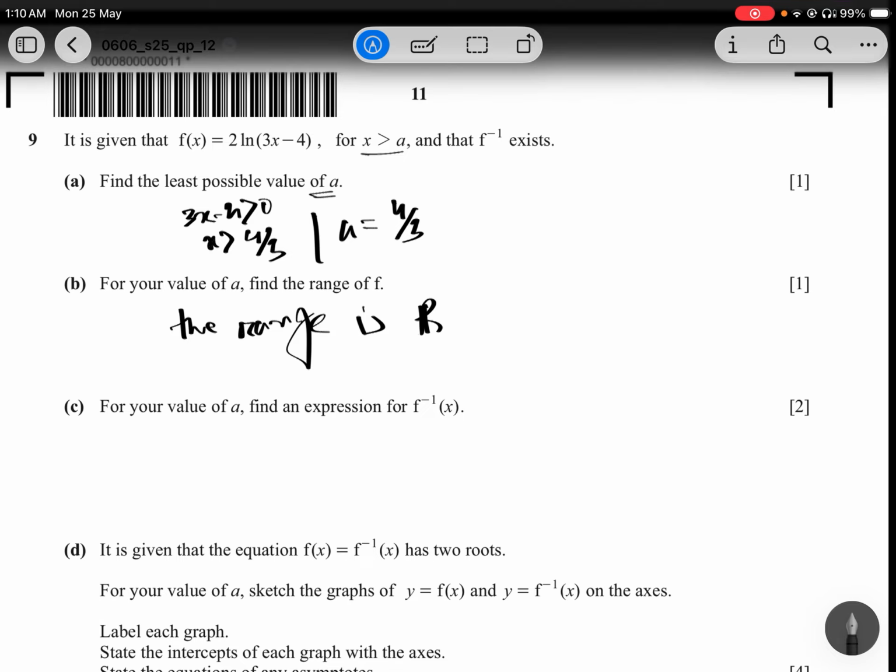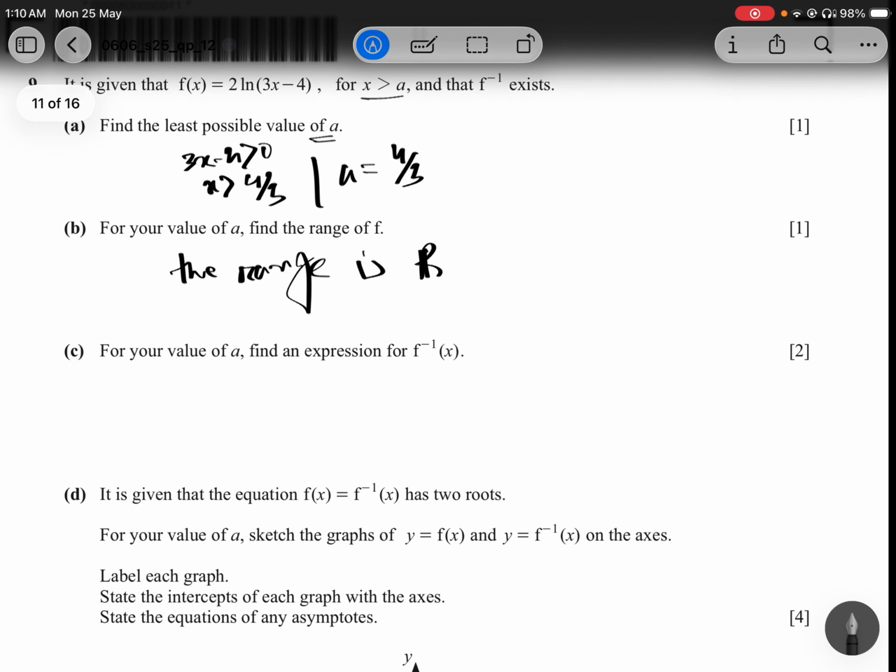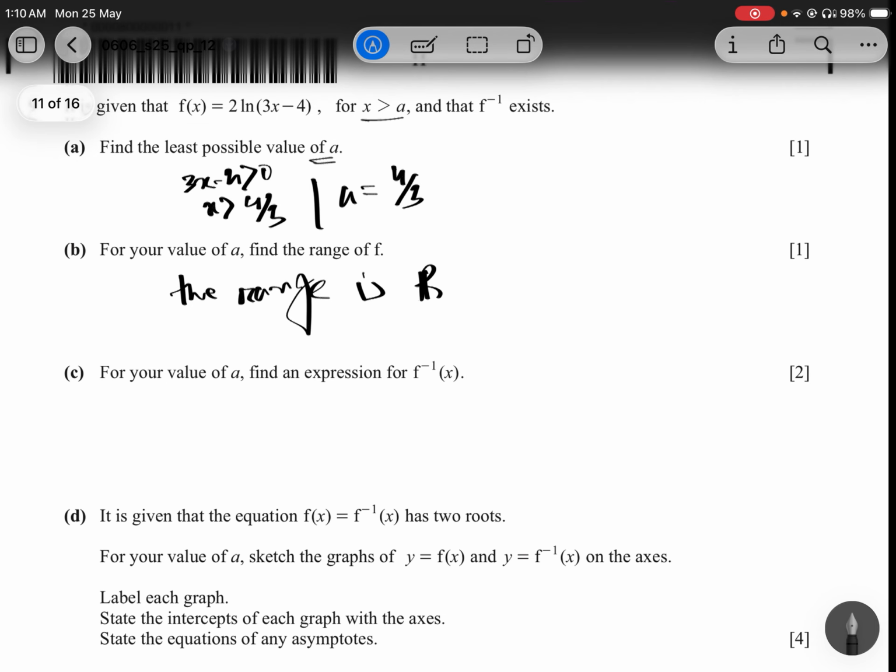For your value of a, find the expression of f inverse of x. I need to find the inverse, right? Okay. Let y is equal to 2 ln of 3x minus 4.